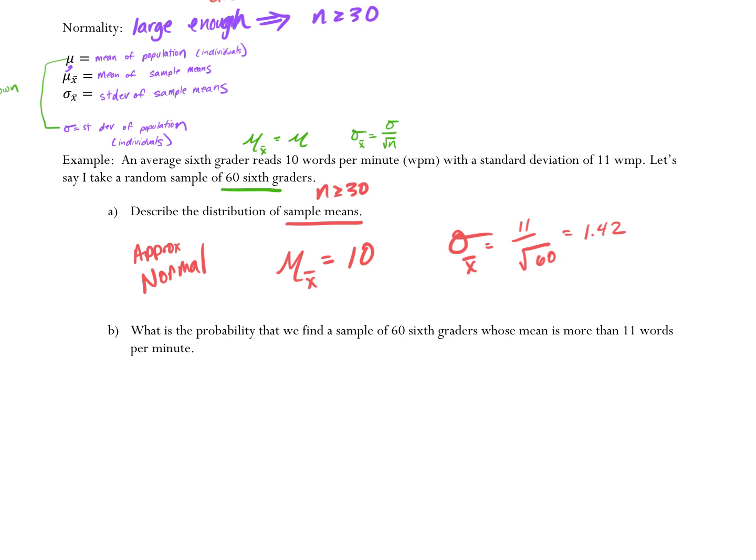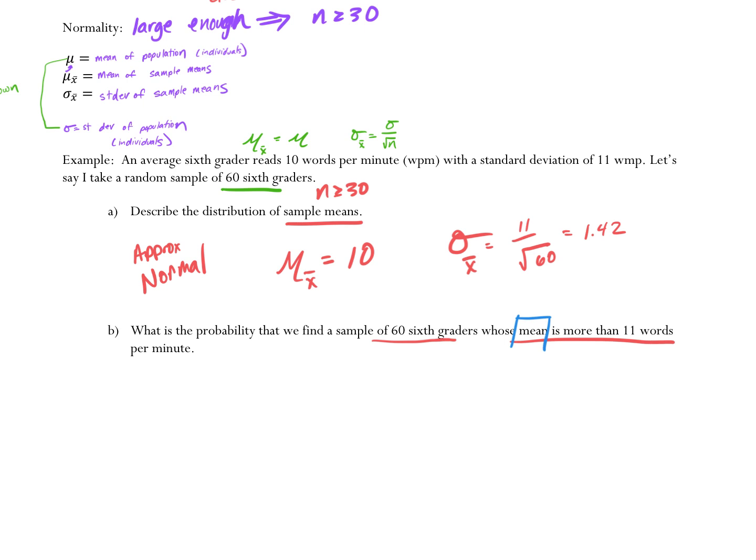Everybody good so far? All right. Now, this is going to show up in your homework. It was just the first question someone brought me yesterday in second period. The question here is asking, what is the probability that we find a sample of 60 sixth graders whose mean is more than 11? When I read that, the first thing that jumps to my brain is that word, mean.